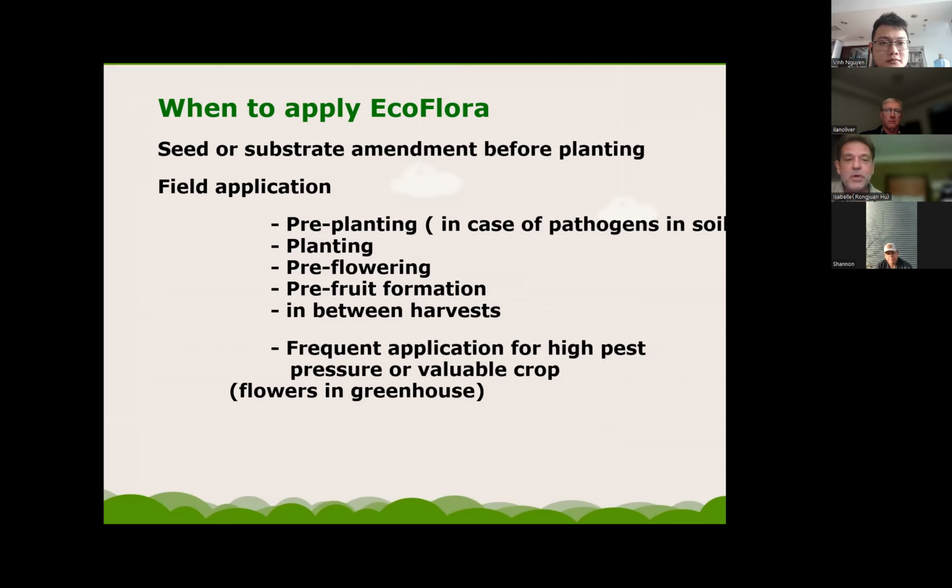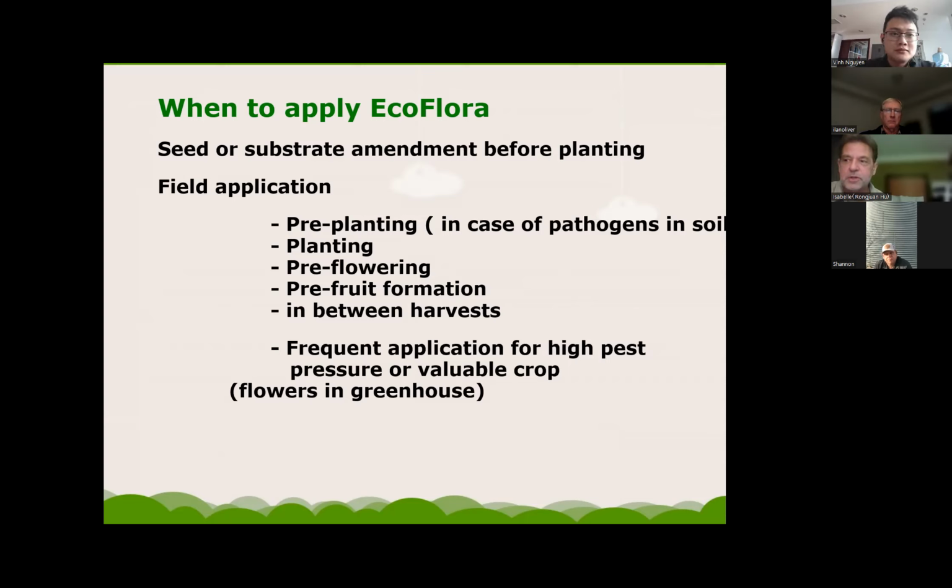In systems in which you have a lot of pressure, let's say in a greenhouse, where you have a lot of moisture and a lot of fungus ready to take on, then you want to start keeping the pressure on by having multiple applications of products.